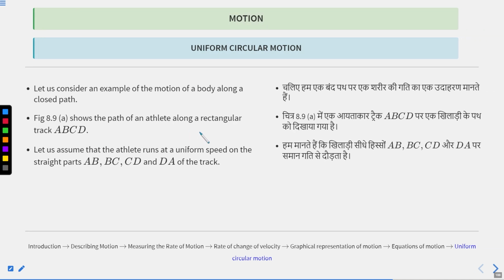So we have studied the example of a rectangular track. The athlete may be moving with a uniform speed. It means the magnitude is constant, the speed is the same.